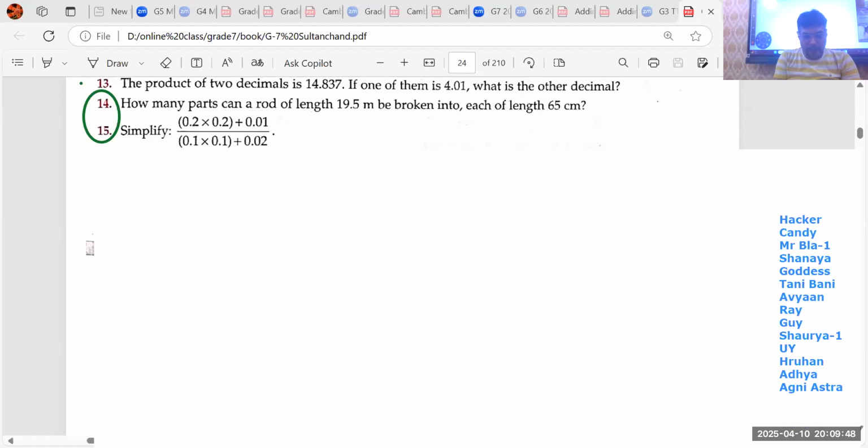So Miss Adya, 1 meter is equal to how many centimeters? Miss Adya. Beta, it's 100. Remember it from next time. Okay. Yes, sir.